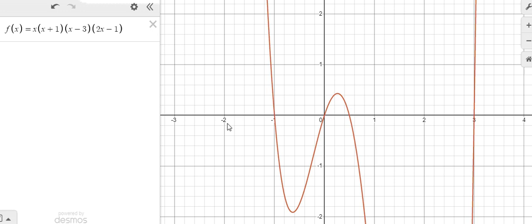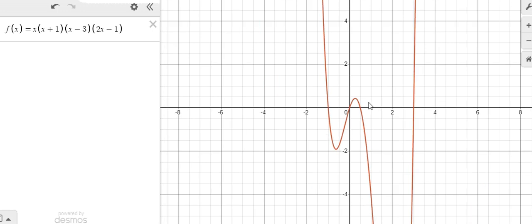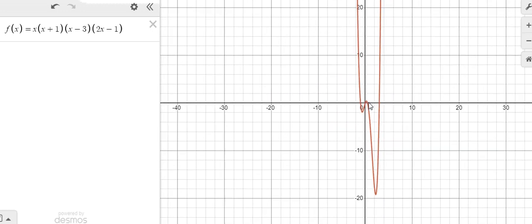Now you'll notice that this is kind of a funky looking graph, right? I'm going to zoom out so you can see something. Hopefully what you see is the end behavior, right? As x goes towards negative infinity, your output goes up towards positive infinity.